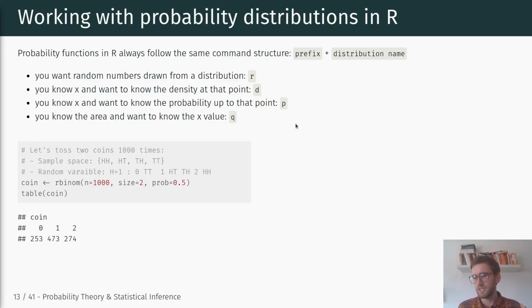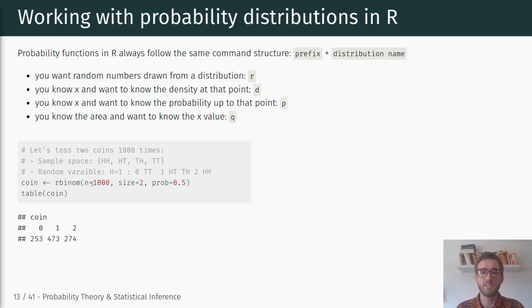So how does it look in R specifically? Going back to our binomial distribution, say we toss 2 coins 1,000 times. The sample space is, of course, 2 heads, 1 head, or 2 tails. The random variable that we define for this is that heads are counted as 1. So we have 0, 1, or 2 as potential outcomes for this experiment.